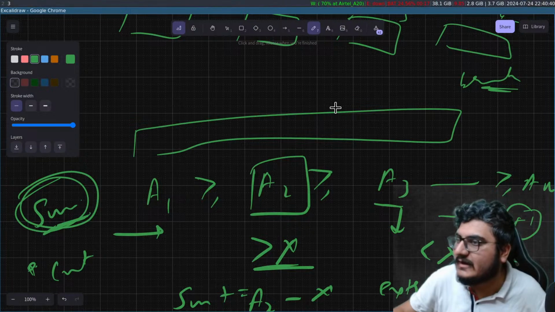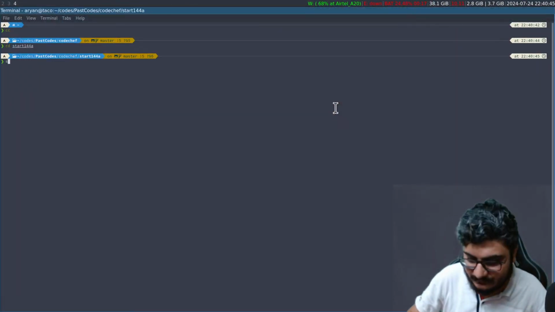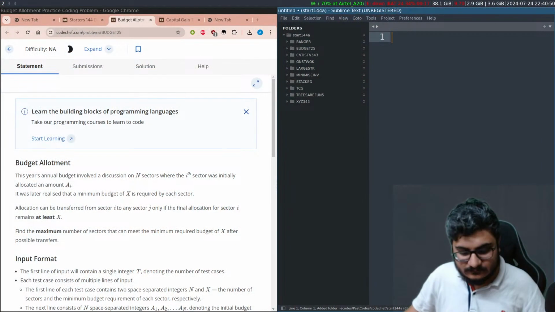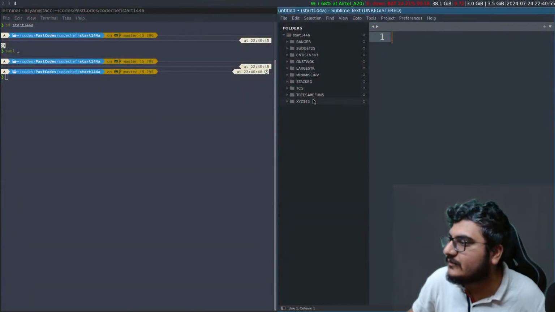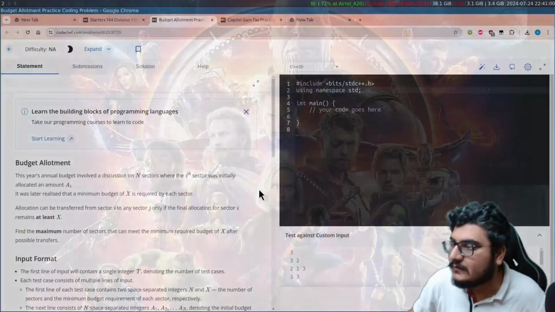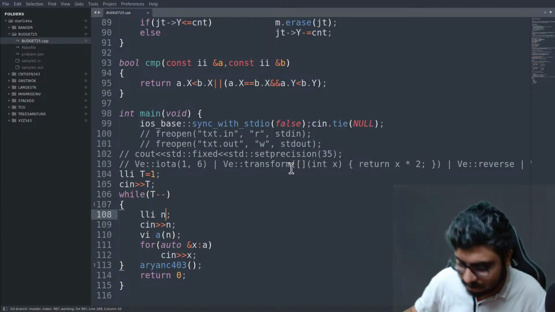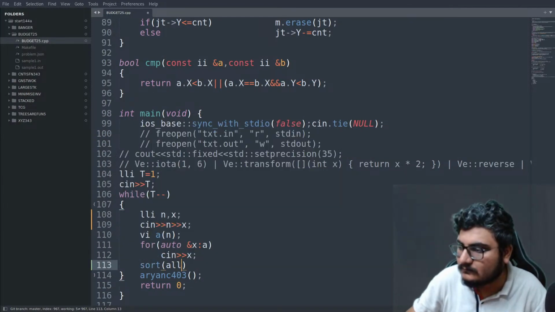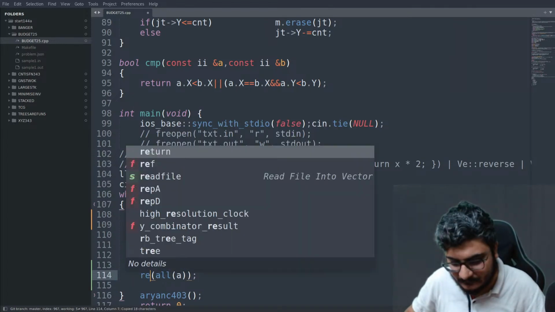One second, I will probably end up... It was budget 25. Read all the numbers, n and x, and all the numbers. Sort everything in reverse order.